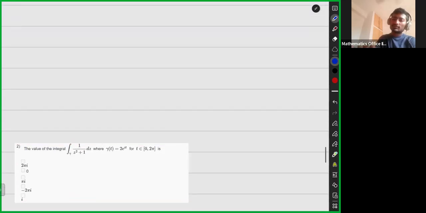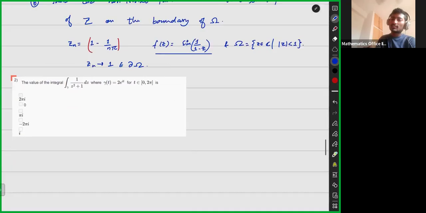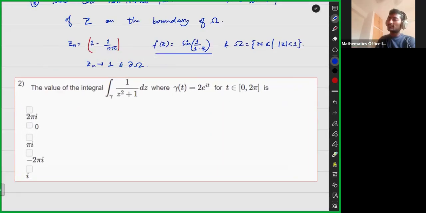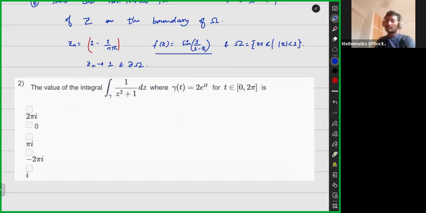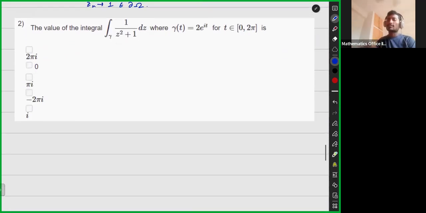Okay, so now coming to the second question. The second question is about calculating an integral. So how to do this type of question?